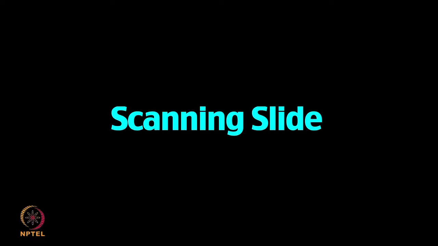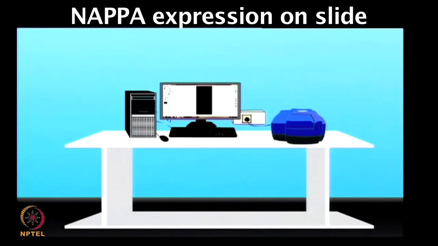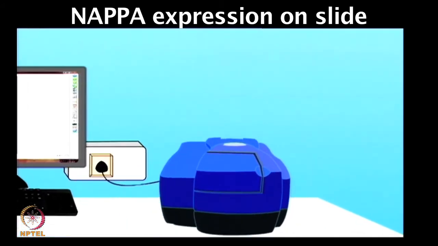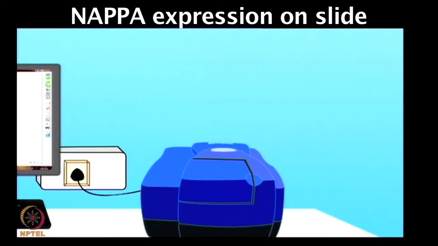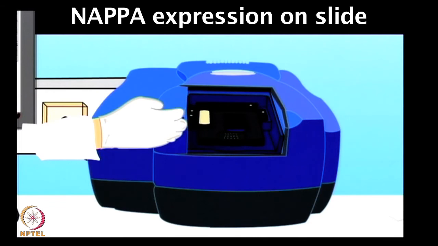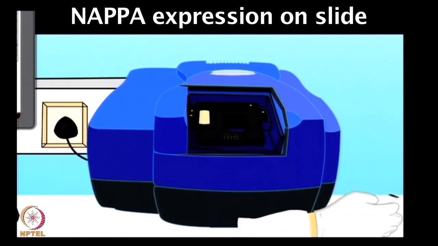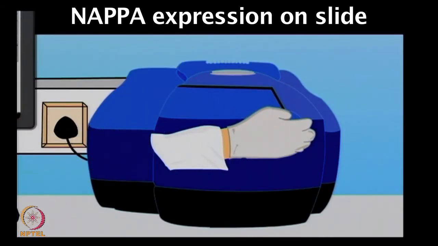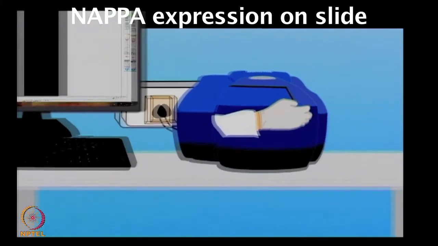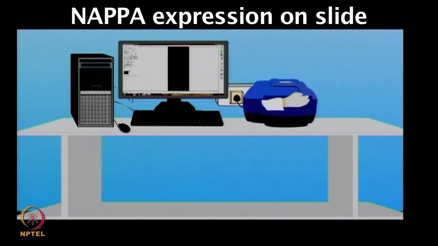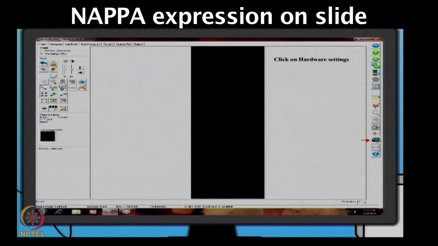Now, we will see animation for the scanning slides. Whether you have done the QC experiment of DNA detection or protein expression, now you need to scan the slides. There are different types of scanners available, including those which are automated, and multiple slides can be scanned in the automated way.